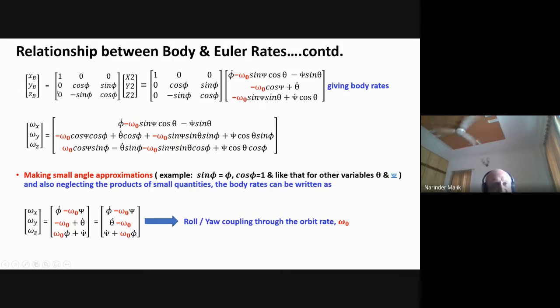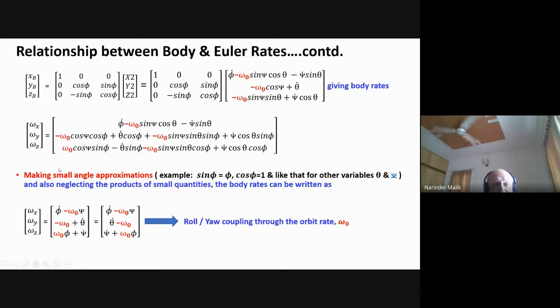So here xb, yb, zb, the rotation is by angle phi, and these are the rates. Here phi dot will be added because this was the earlier rate; I have given an additional rate of phi dot. When I expand, it will give the body rates. I can write the rates about the xb, yb, zb axes as omega x, omega y, omega z, and when I expand, it becomes like this.